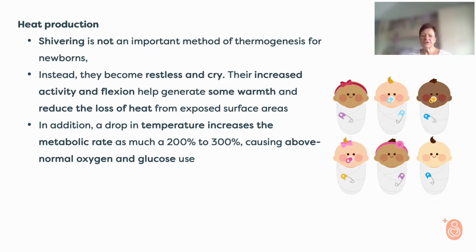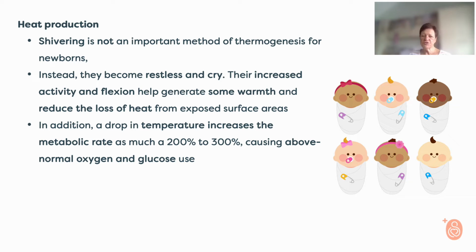Now, in addition to the drop in temperature and all their efforts to generate some heat, the metabolic rate increases by as much as 200 to 300%. And this causes above normal oxygen and glucose use.